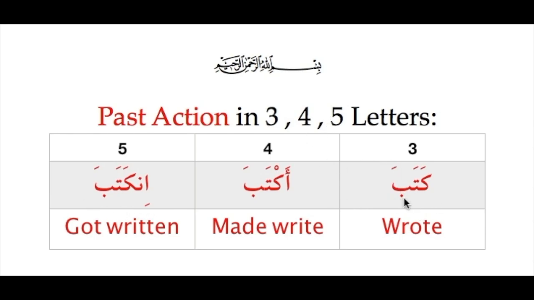From that root we have a 3-letter past action, a 4-letter past action, and a 5-letter past action. Now each of them has a distinct meaning. Like kataba means wrote, aktaba means made write, inkataba got written. And I'll put them in an example to see the difference between them.